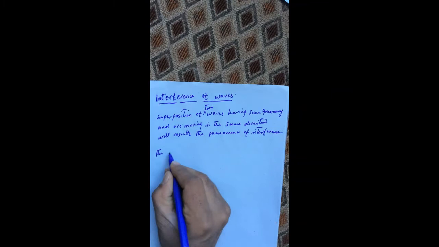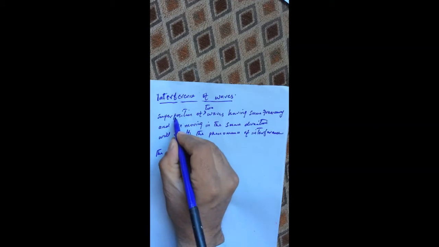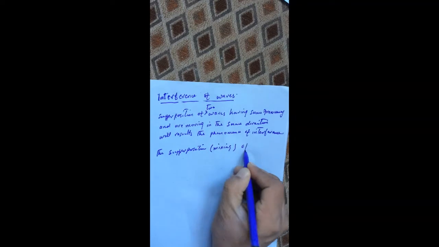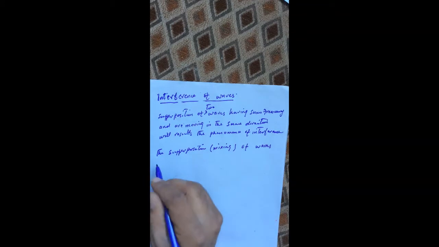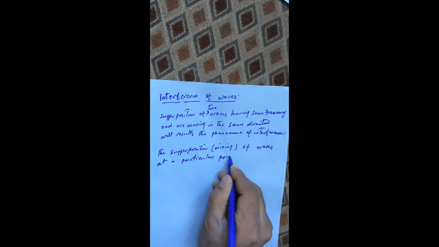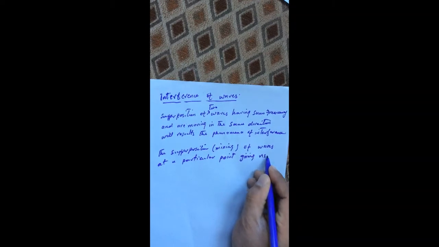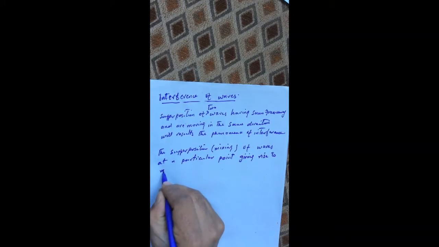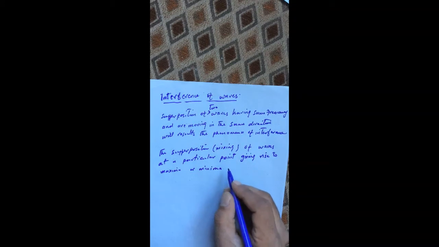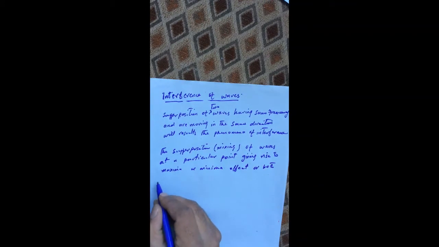It is basically the superposition, or mixing, of waves at a particular point such that they give rise to a maximum or minimum effect, or both. This is known as interference.